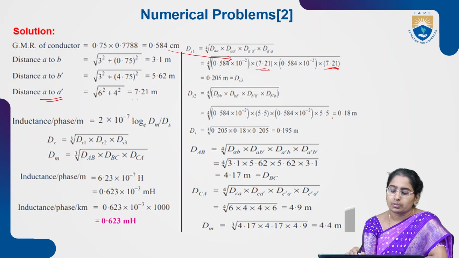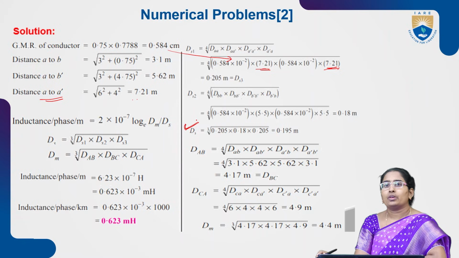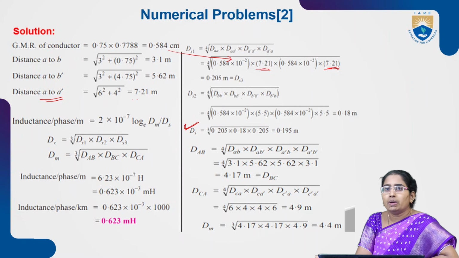So from the diagram it is calculated and obtained. Finally, Ds is the cube root of Ds1 into Ds2 into Ds3.